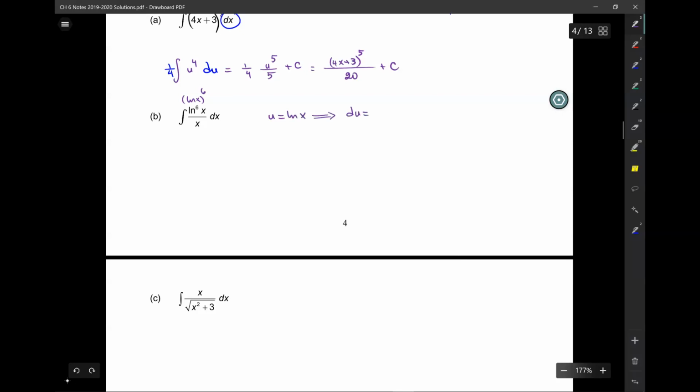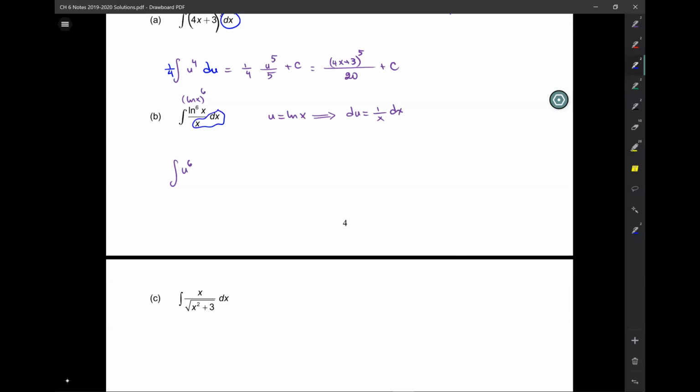Du is what then? 1 over x dx. Okay. What have I got here? ln of x to the 6, that's u to the 6. What have I got left? dx over x, right?